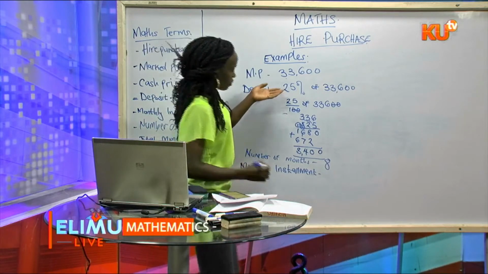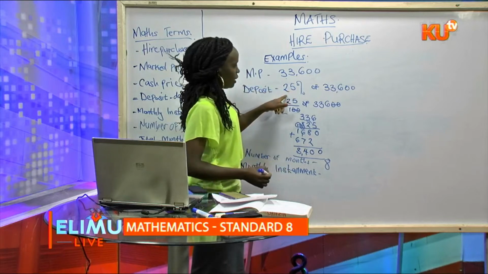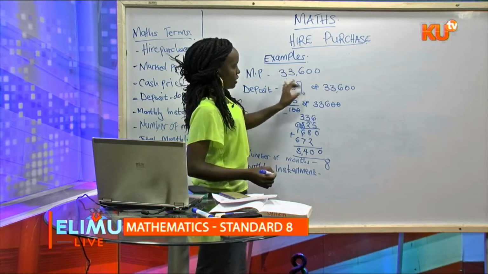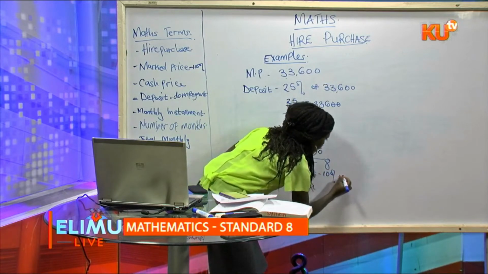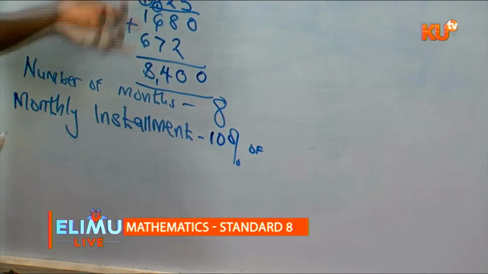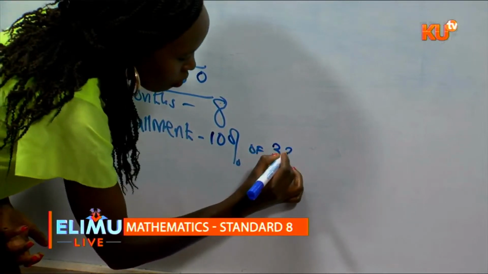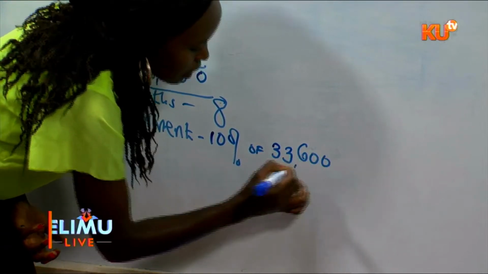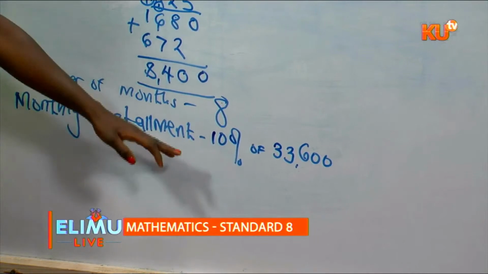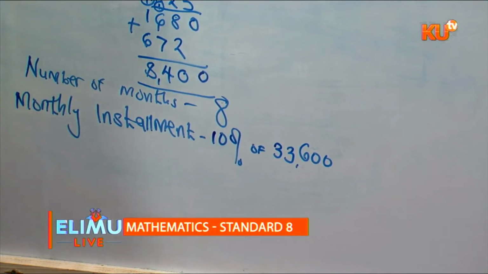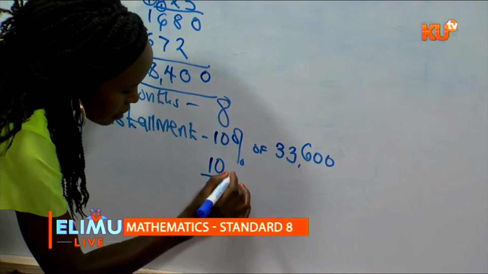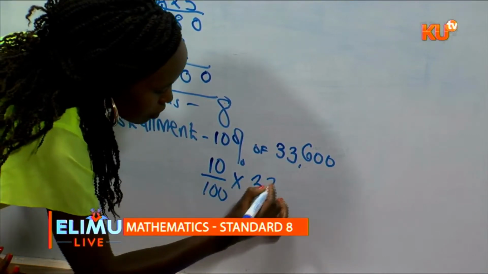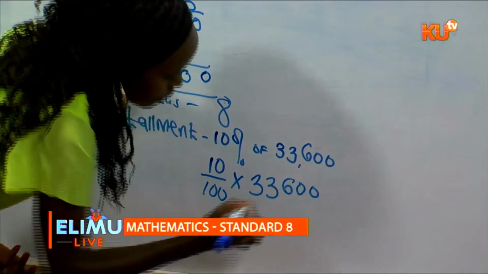Again, we go back to what we have done here. It was 25% of this. So we take 10% of the marked price. The marked price was 33,600. And so we calculate here to get the monthly installment. It's going to be 10 over 100 times 33,600.